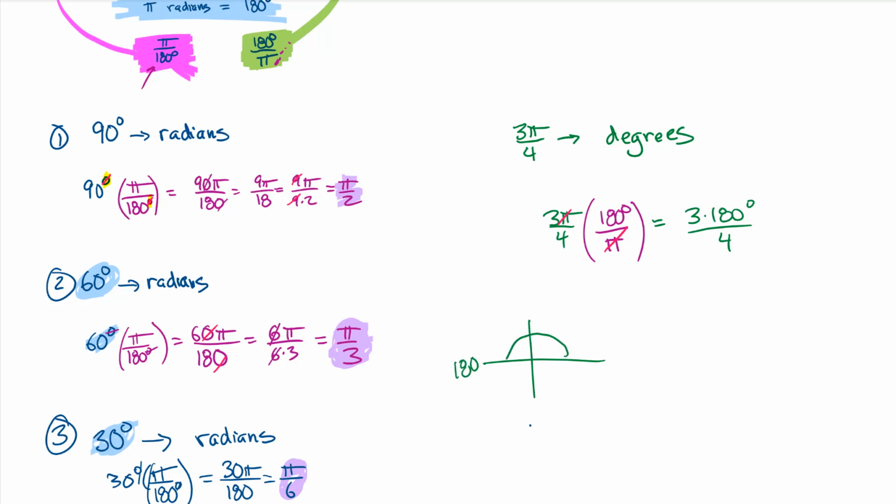Can you cut 180 in fourths? Cut it in half, that's 90. What's half of 90? 45. 45 plus 45 plus 45 plus 45 is equal to 180. I'm just playing some number games with you, if you don't mind. Then the 4's go away, and 3 times 45 is 135 degrees.